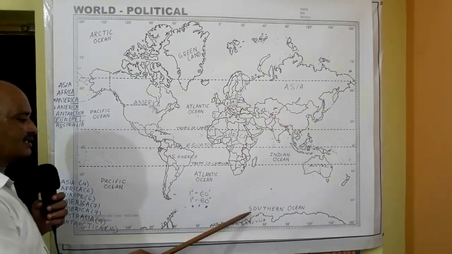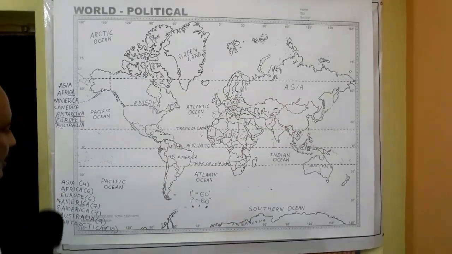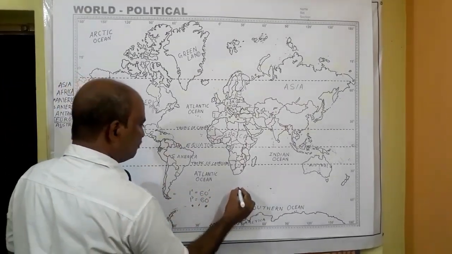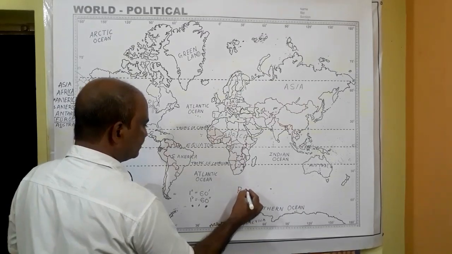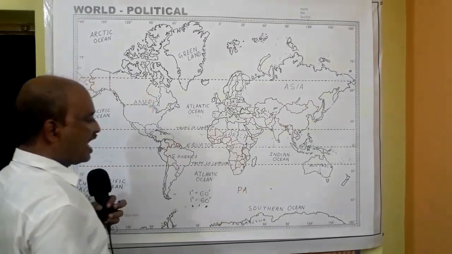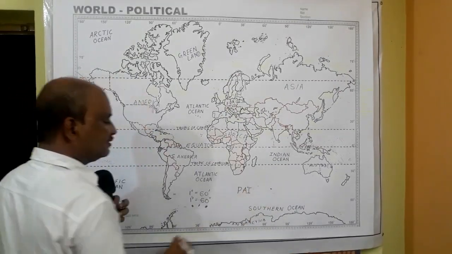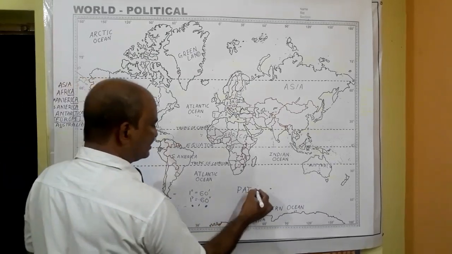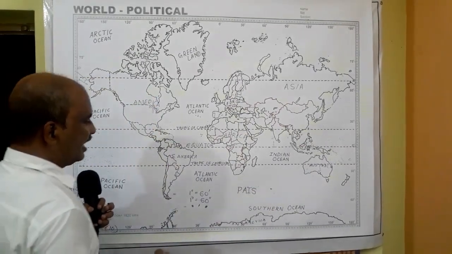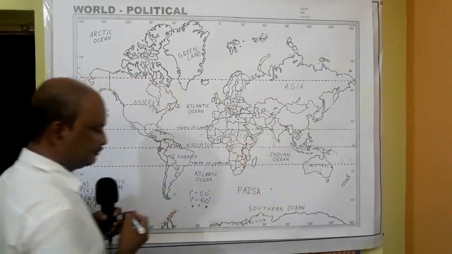If you take it as the Southern Ocean, now we can remember like this: P for Pacific, A for Atlantic, I for Indian, S for Southern, and A for Arctic.